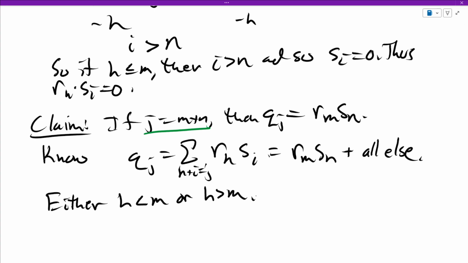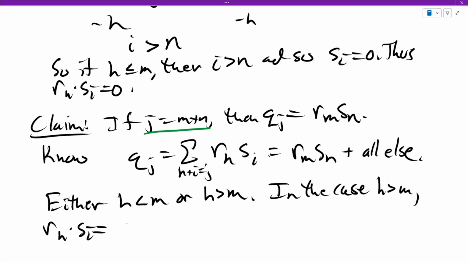In the case where h is bigger than m, R_h times S_i is 0 times S_i, because the polynomial f, which controls where the coefficients of R come from, has degree m, so we're past the degree. If h is less than m, then what?